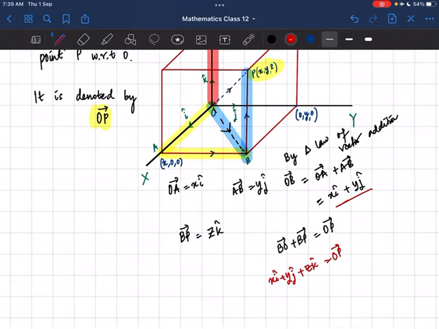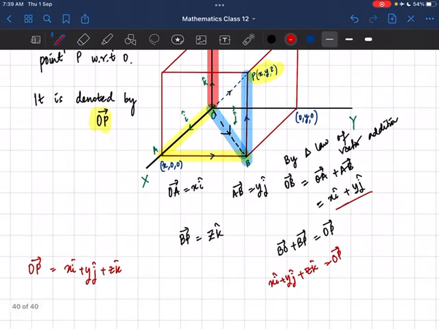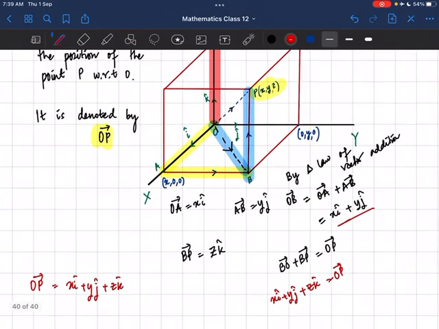So this is how we find the position vector of any given point in three-dimensional space: x i cap plus y j cap plus z k cap. So that is how we do it.